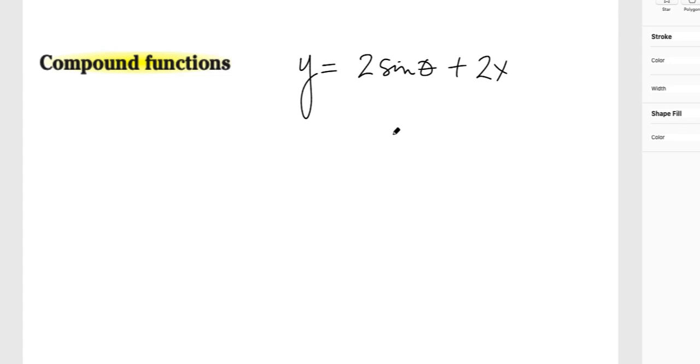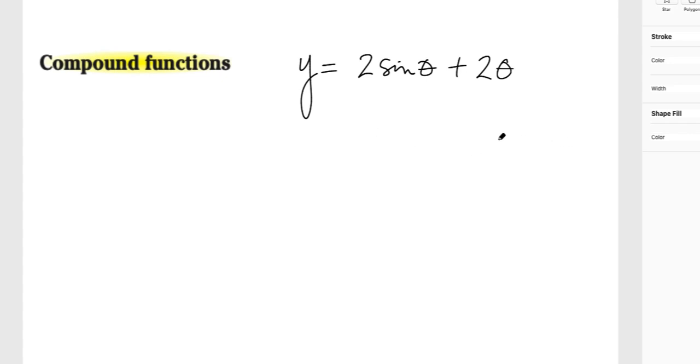The suggestion in the text is for us to investigate these by making a table of values where you would not only find the sine of, oh, I shouldn't put x, I should put theta here. So it's just one variable, but you get what I'm saying. What we would do is plug in values, do an XY table, and graph it.